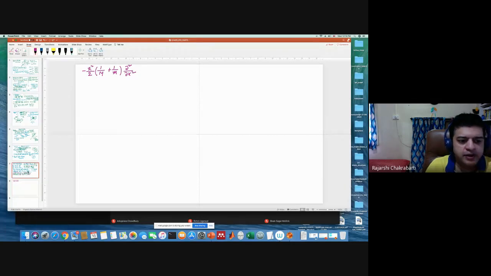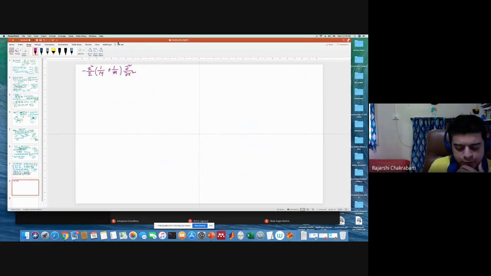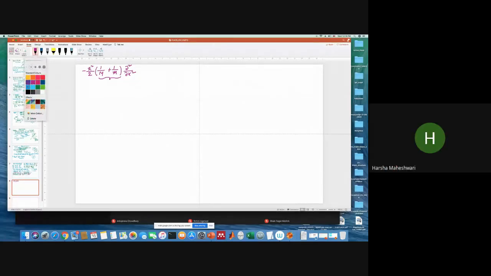Just go back. Are you following? Because this part and this part, h cross square by 2, I can take common, then I'll have 1 over m plus 1 over small m. And what is this 1 over m plus 1 over small m? Any idea? Please unmute yourself and write. Reduced mass. This is 1 over mu.